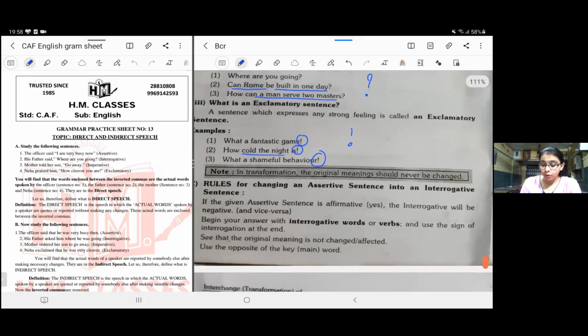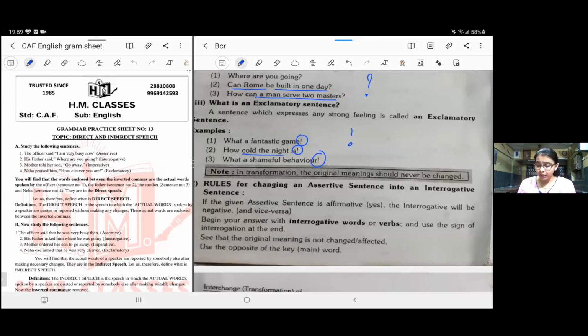Now, there is a note in this. You can read this note. In transformation, while we are transforming a sentence from one type of sentence to another type, the original meaning should never be changed. Meaning sentence का कभी change नहीं होना चाहिए, फिर वो assertive में से interrogative में हो, interrogative में से अगर मैं question tag में डाल रही हूँ, question tag में से assertive हो रहा है.